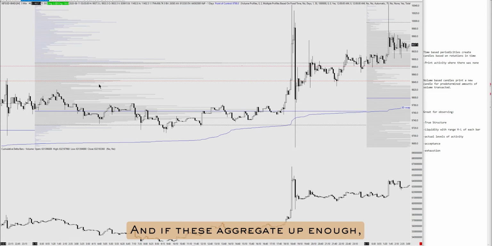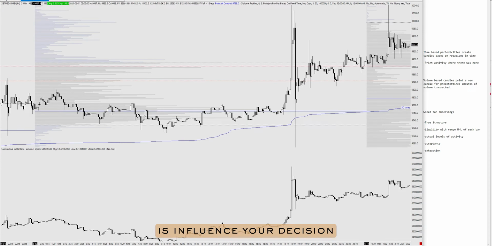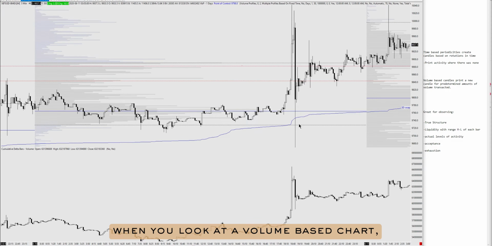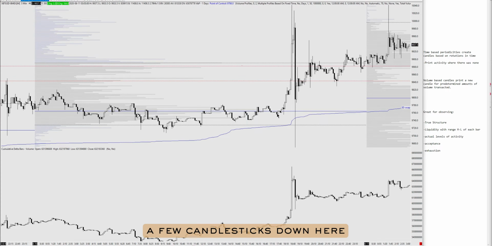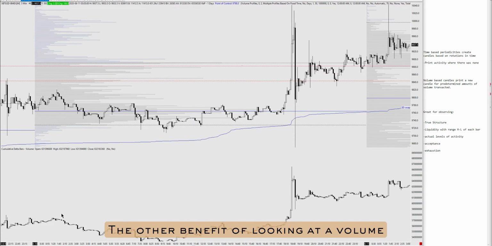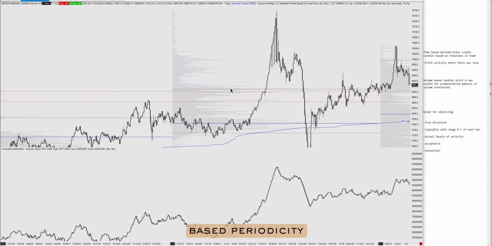And if these aggregate up enough, what it could do is influence your decision making in terms of what structure you're paying attention to, right? There might look like there is activity down here because there are candlesticks, but in reality, when you look at a volume-based chart, we might see that there are just a few candlesticks down here and that there's really nothing that occurred.